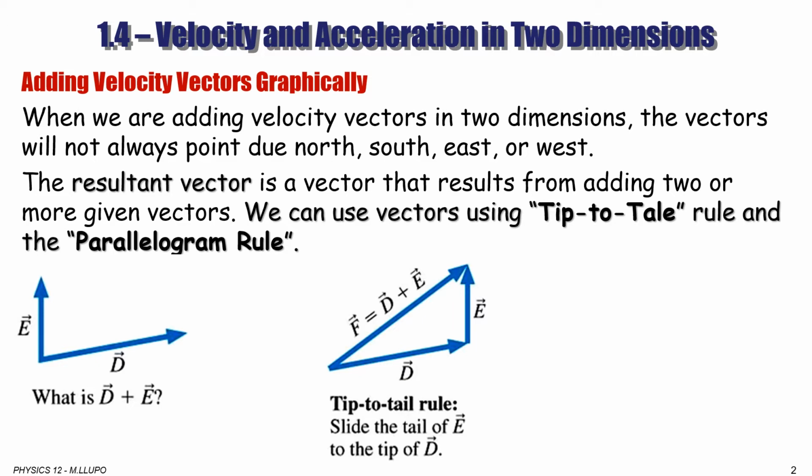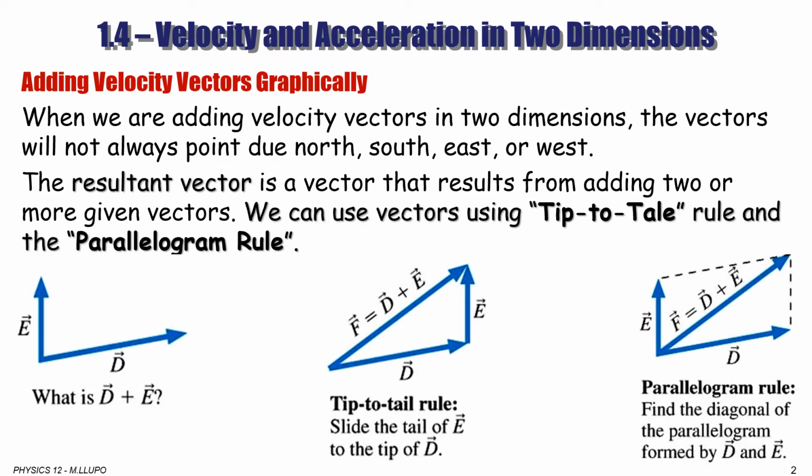As I said, you can have two or more vectors adding together, and using the same tip-to-tail rule, that will work. Another rule that is specifically useful is when two vectors are at the same origin, like in this case, E and D are in the same origin. It is useful and time saving to draw from the tip of both vectors a line parallel to the other vector.